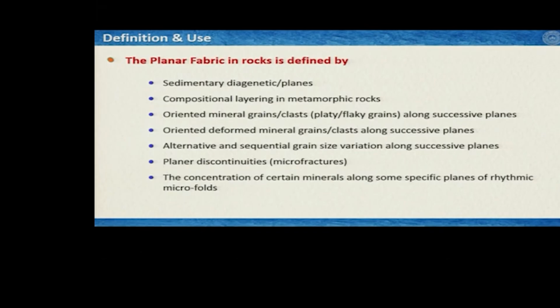Now, if we have alternating and sequential grain size variation along successive planes, that means I have coarse grain deposition, then fine grain deposition, coarse grain deposition, fine grain deposition. The composition is the same, you can consider sandstone. So, very coarse grain, then fine grain, coarse grain, then fine grain. You can consider the boundaries between coarse grain and fine grain as foliation planes.